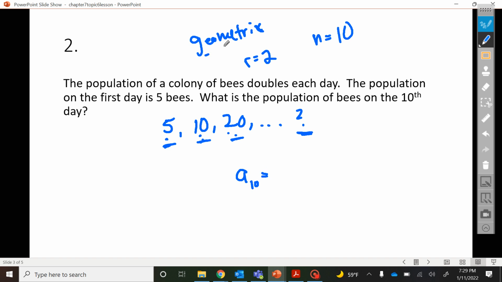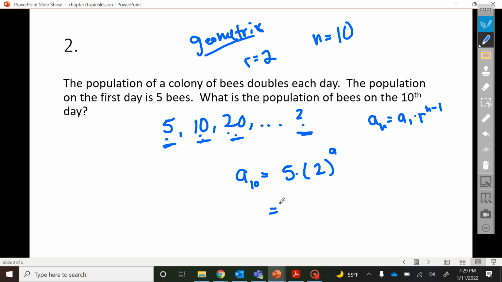But remember, this is geometric, so we have to use the geometric formula, which is A1 times R to the n minus 1. So A10 is equal to the first term, which is 5, multiplied by the ratio, which is 2, raised to the n minus 1 power, so 10 minus 1, which is 9.